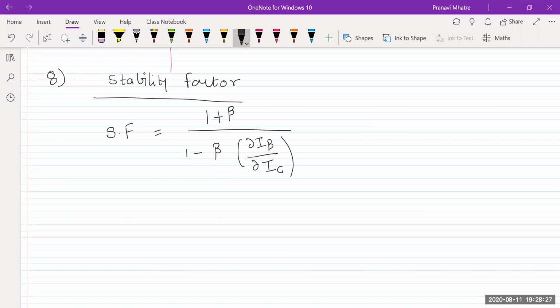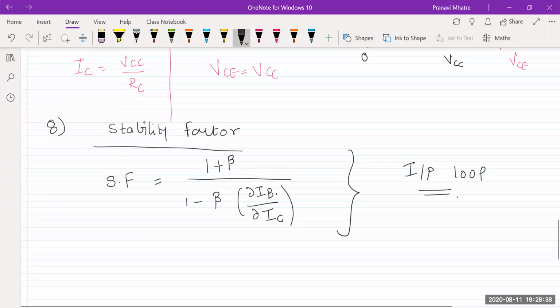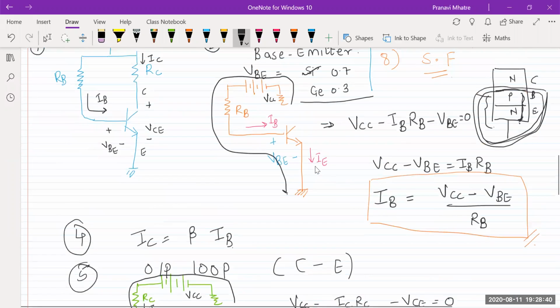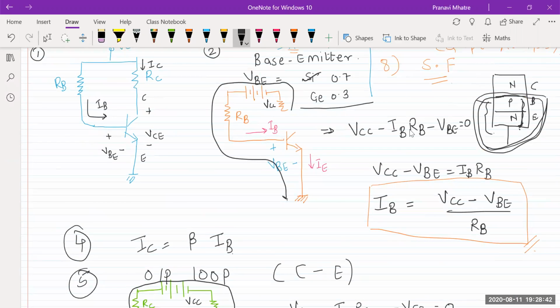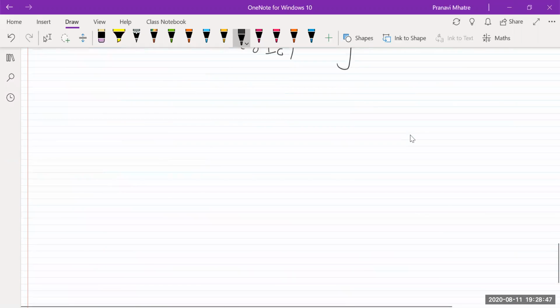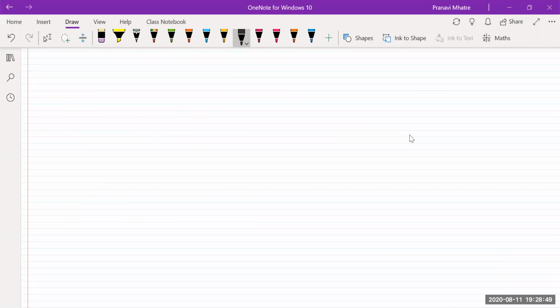When we want this dou IB, that means for the stability factor, I need to use the input loop. So the input loop expression we have derived as the basic expression, that is VCC minus IBRB minus VBE is equal to 0. So for your stability factor, you are going to use the input expression, which is VCC minus IBRB minus VBE is equal to 0.